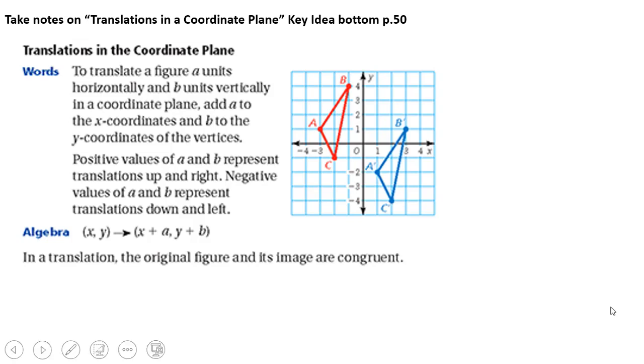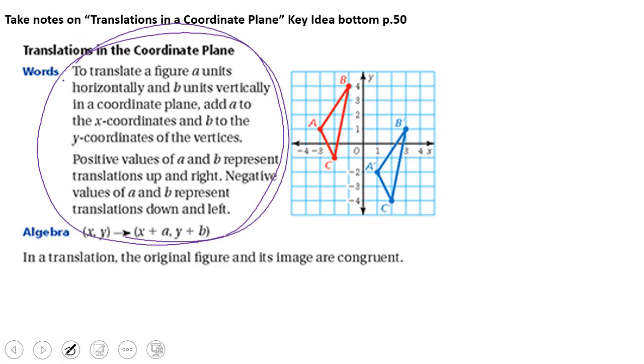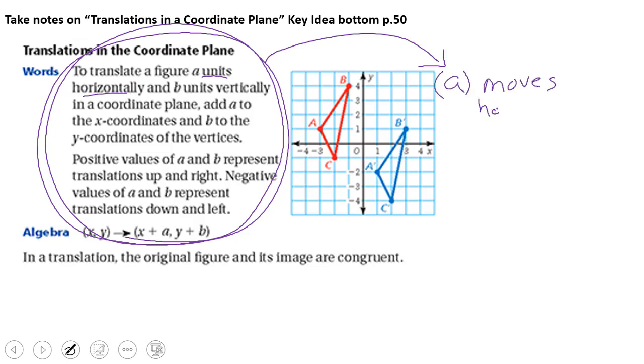If you tried to take notes from all of this, you probably got a little bit confused. So I'm going to take all of this right here and make it a little bit simpler. It talks about the A units horizontally. So A moves horizontally. If I draw a horizontal line, that's like the x-axis.